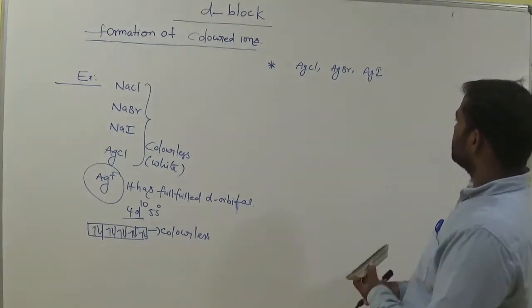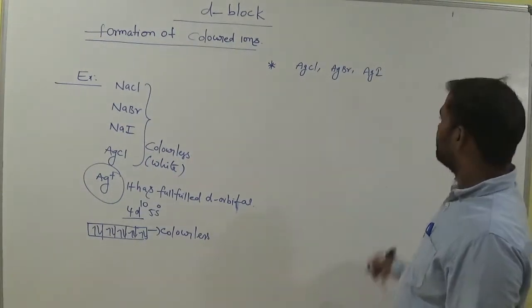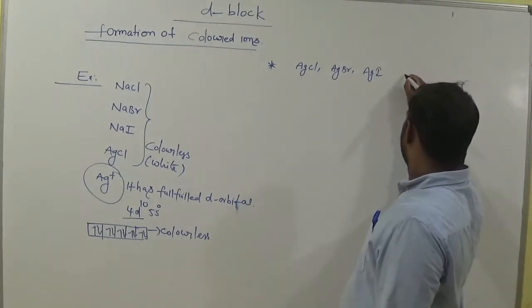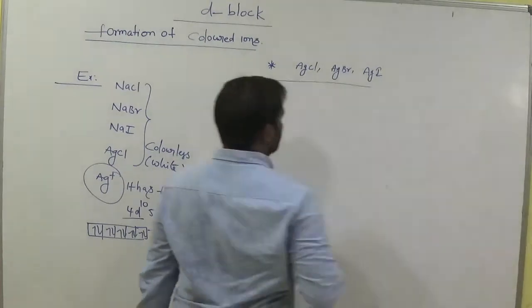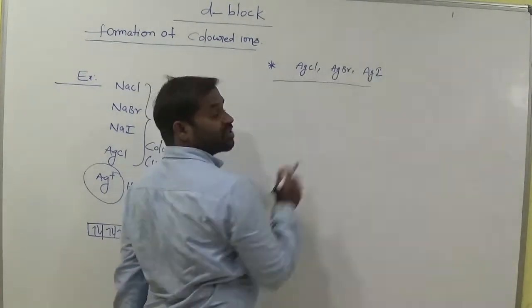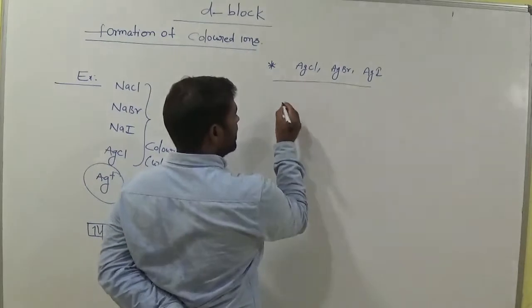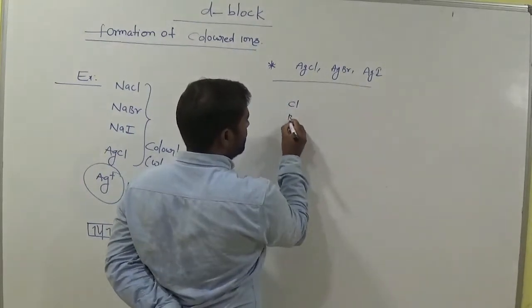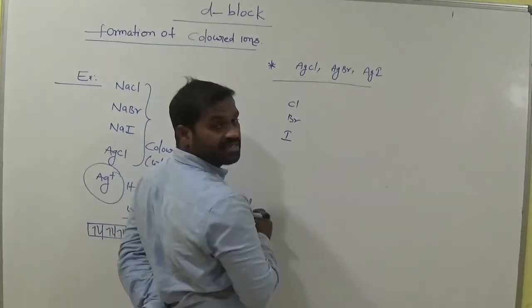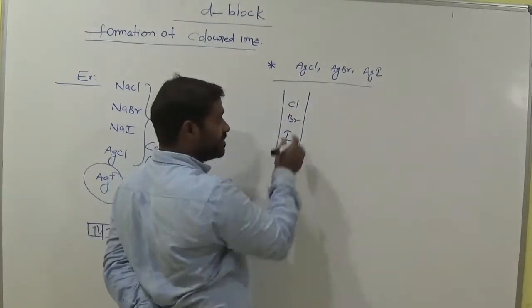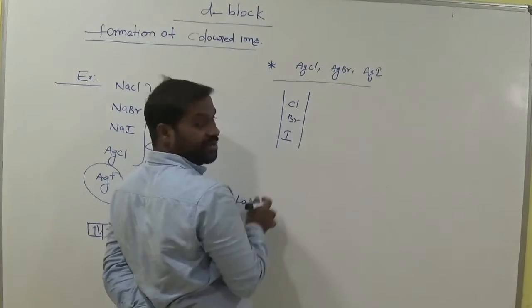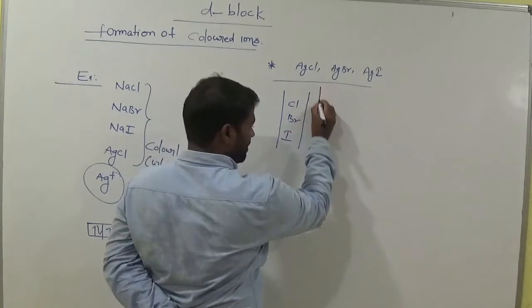Compare these three compounds here. These are the halogen atoms, am I right? Chlorine, bromine, iodine. From top to bottom in the group in the periodic table, fluorine, chlorine, bromine, iodine, what happened?